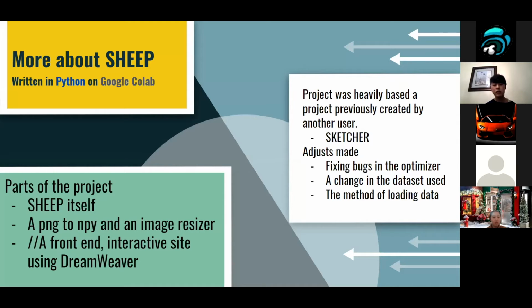The program itself actually works, but the issue is feeding the program certain pieces of the data, because we haven't gotten enough data yet for it to be trained on. Also, it would be really nice to build an interactive front end, or a website or web application that would allow us to easily use sheep.